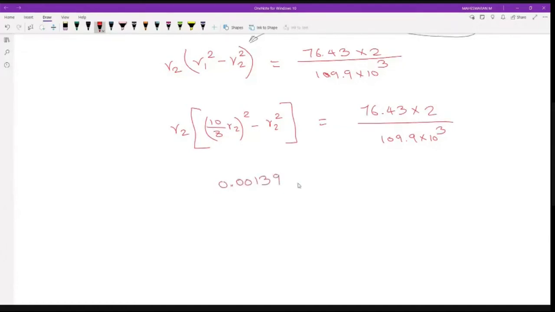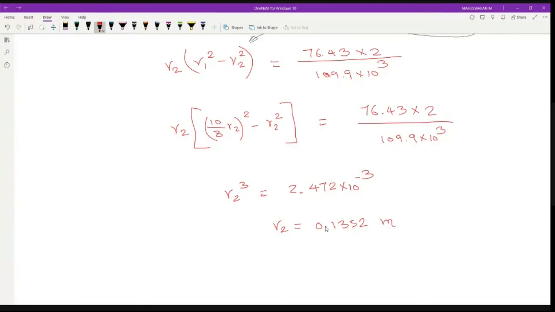Okay, you are saying RHS. So what is your R2 here? R2 is equal to 0.1352, 0.1352 meter.